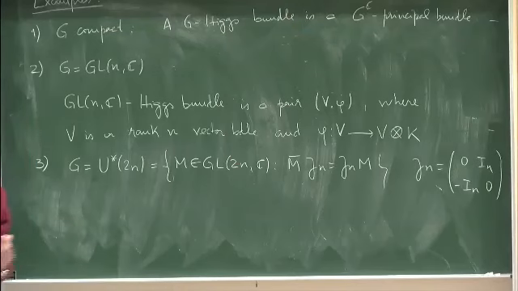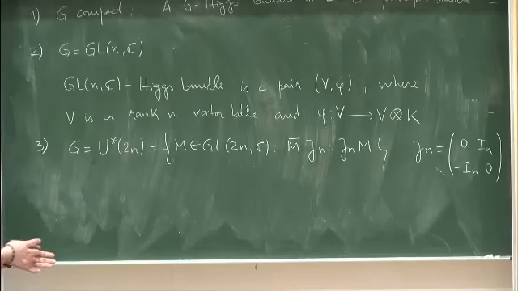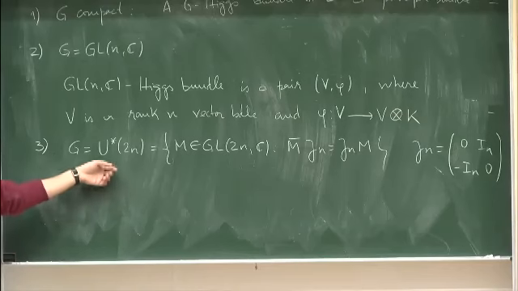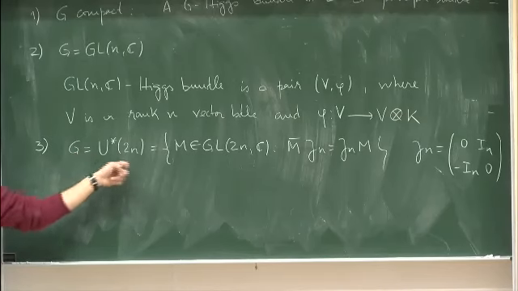So why are we considering this group? Because what we are going to study here is the number of connected components of the moduli space of G-Higgs bundles for this group.